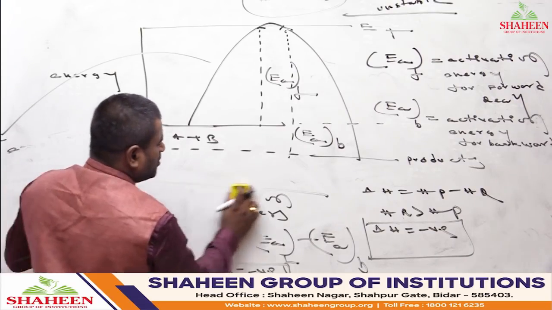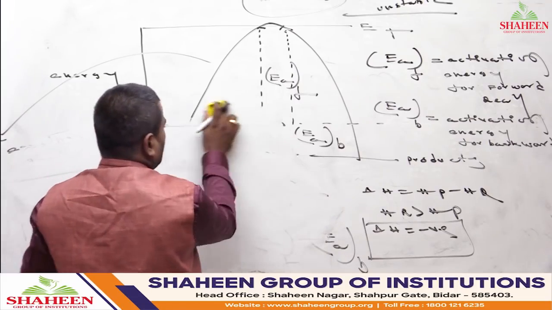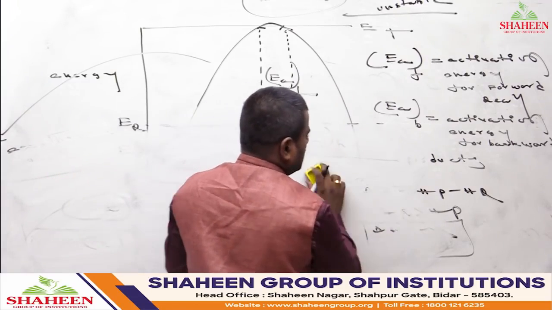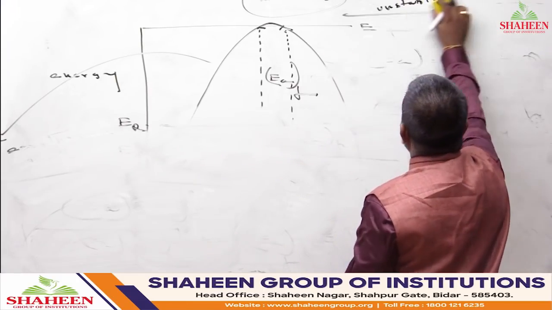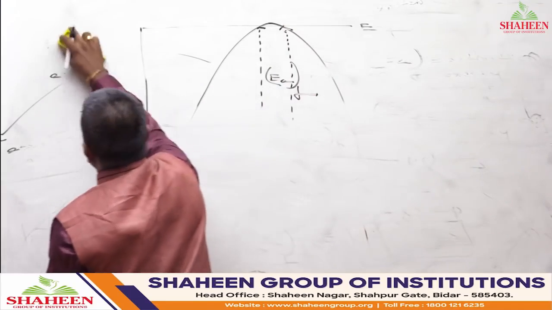The reactant molecule must have the energy barrier, that is threshold energy, and proper orientation. Then they are converted into product according to collision theory.